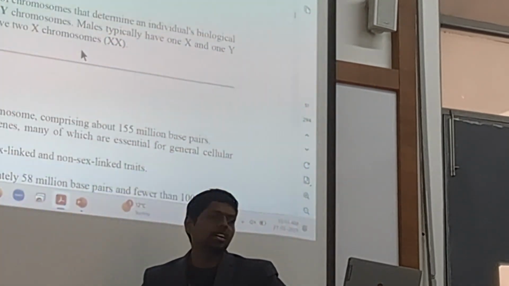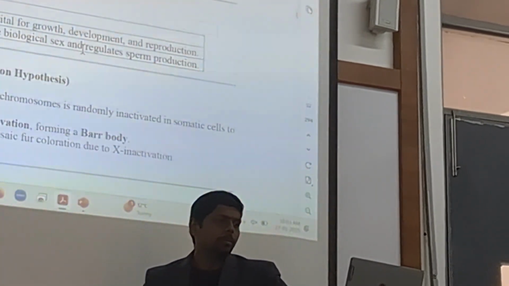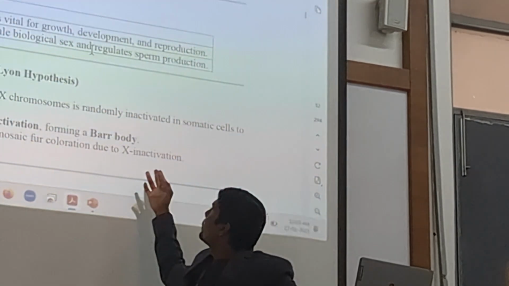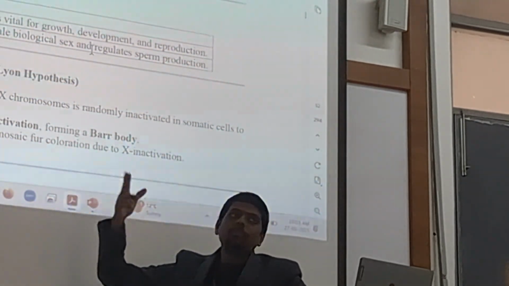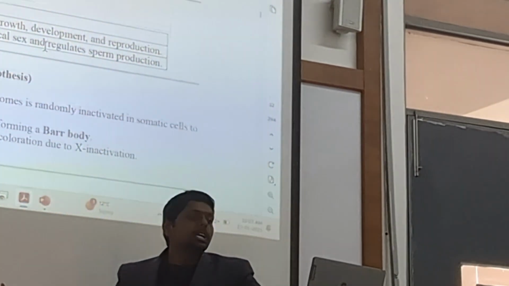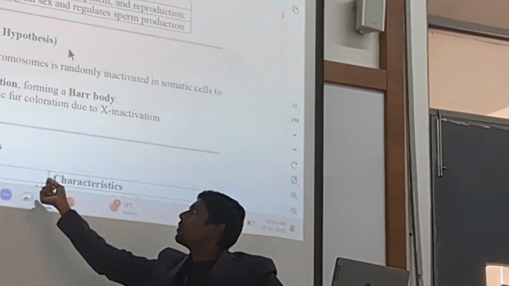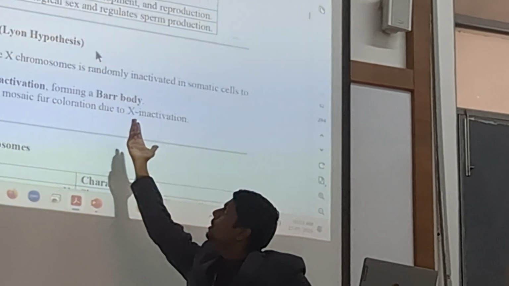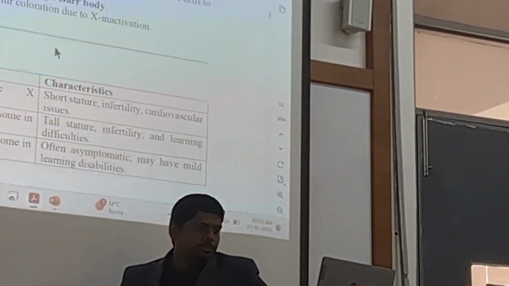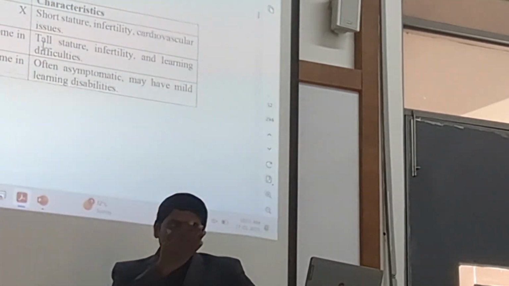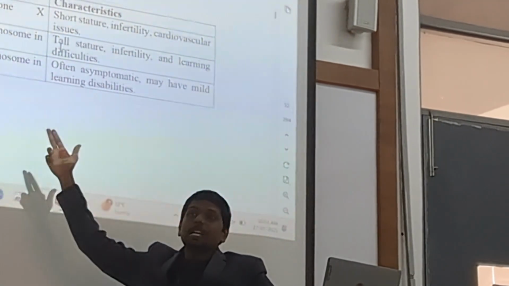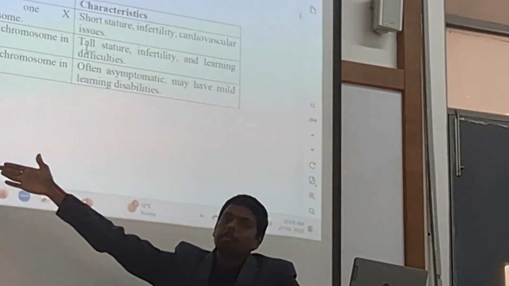We have X and Y. Barr body is seen in females, whereas Barr body is not present in males. The concept of inactivation of the X chromosome was given by one scientist as a hypothesis. Then we discussed sex chromosome abnormalities in this table already.